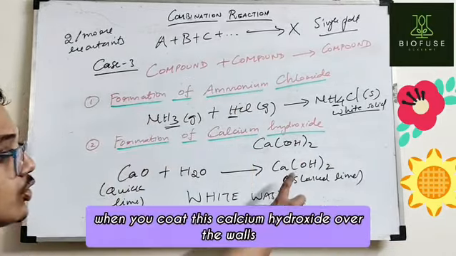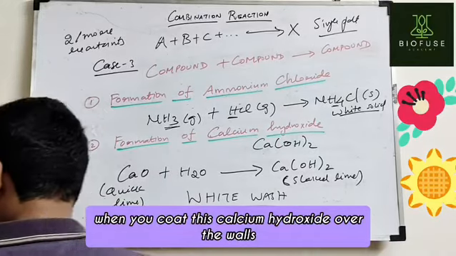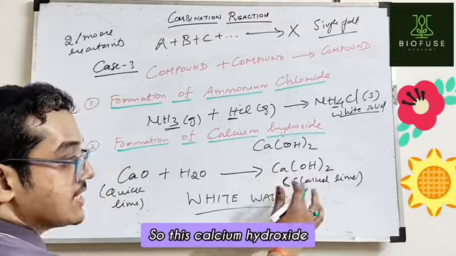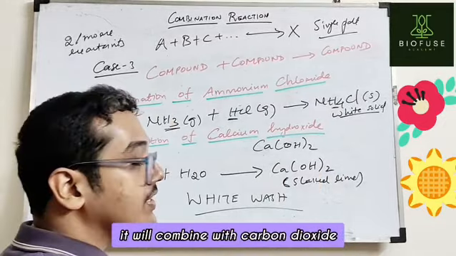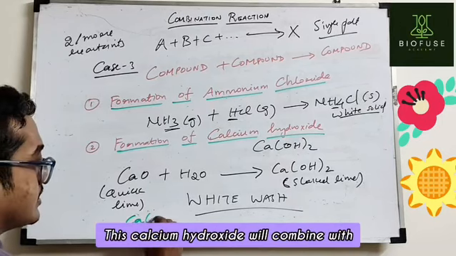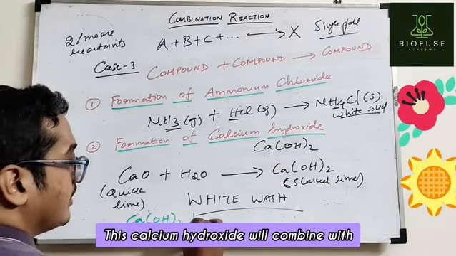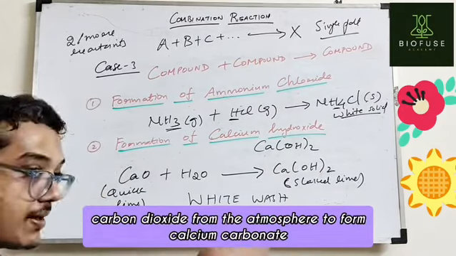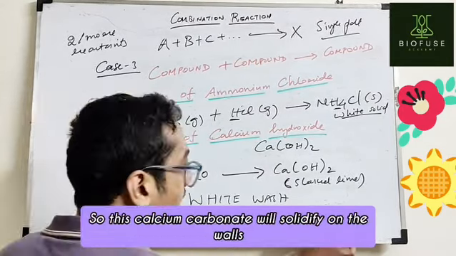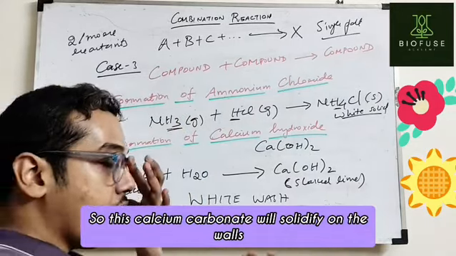When you coat this calcium hydroxide over the walls, it will combine with carbon dioxide. I'll write the equation over here. This calcium hydroxide will combine with carbon dioxide from the atmosphere to form calcium carbonate. This calcium carbonate will solidify on the walls.